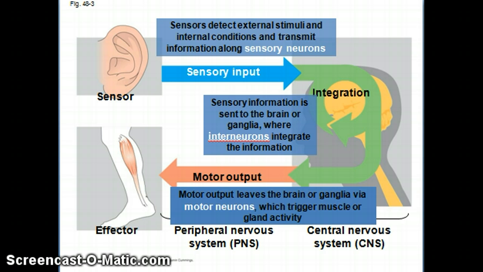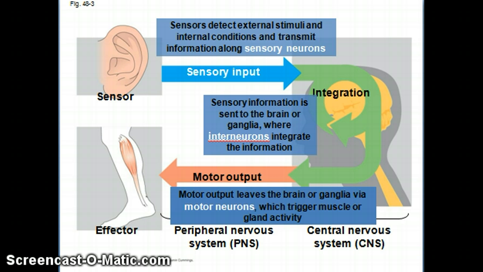Basically, the nervous system is in the business of detecting an external stimulus and sometimes an internal stimulus, and then transmitting that information to a processing center. So the types of neurons, the cells that are going to be detecting the stimulus, are called sensory neurons.